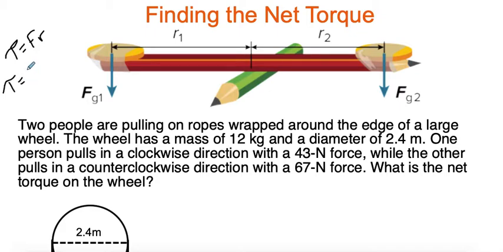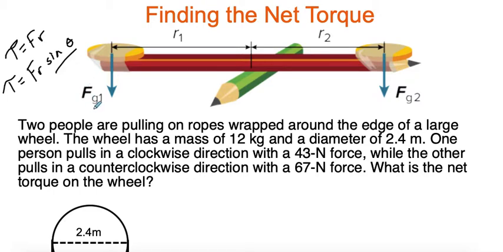So if we have like a crescent wrench or something like that, we're pushing at an angle, it's going to be force times radius times sine of theta. Okay, so whatever angle we're pushing on the object, that's where that comes into play. So it's force times radius times sine theta, because that sine component will reduce that force that I'm pushing with.